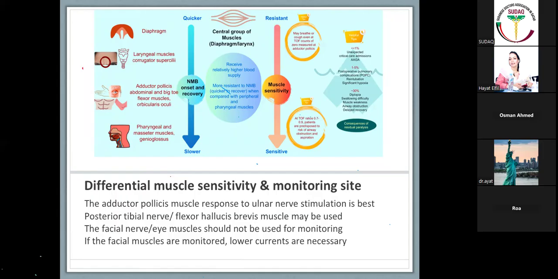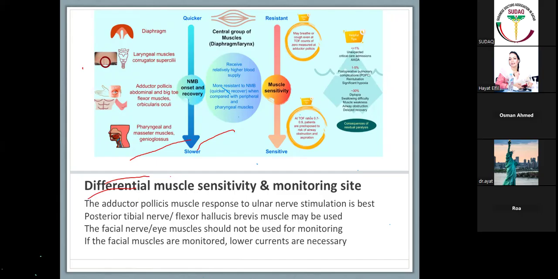So the quicker ones are the diaphragm, the laryngeal muscle, adductor pollicis, and then you come down to pharyngeal and the masseter muscle.